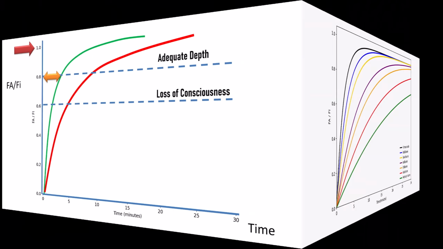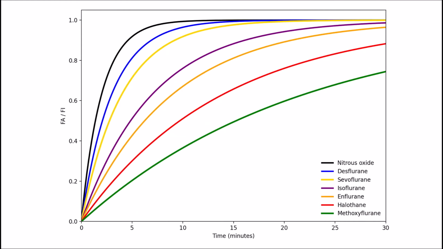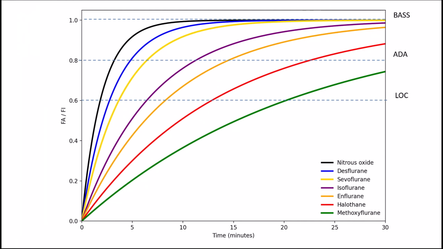Now, let's look at the FA-FI curves for various anesthetic gases and vapors. This looks like a slightly cluttered chart, but I want you to take note of a few things. First, at an FA-FI ratio of 0.6, I have drawn the loss of consciousness line.